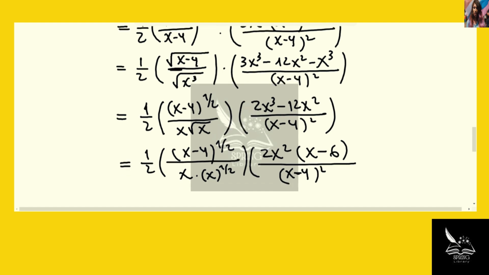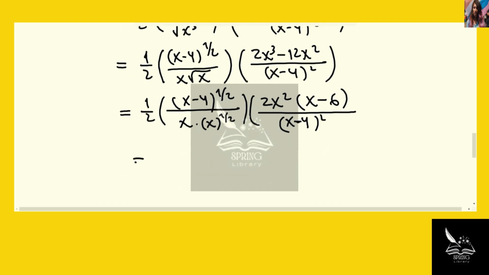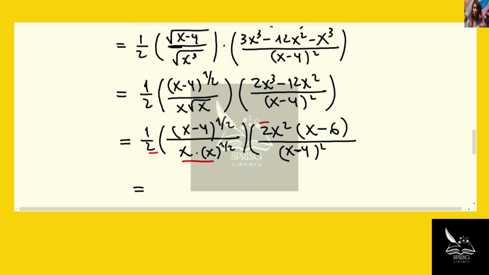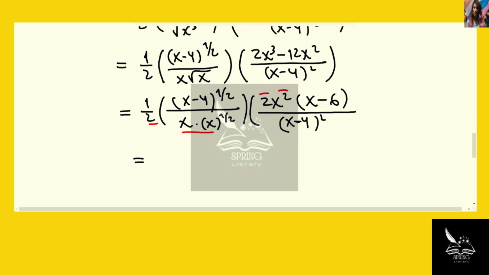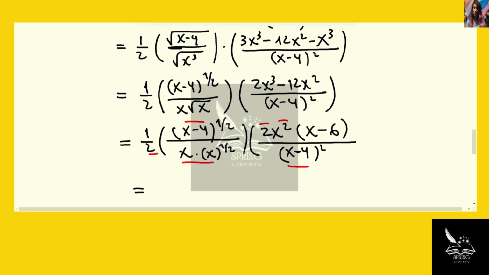And here we can simplify things. The 2s cancel out. In fact, we can leave it as 3/2. It's better to simplify with this x squared and this x minus 4 to the 1/2 with this one. So in the numerator we get x to the 2 minus 3/2, sorry.